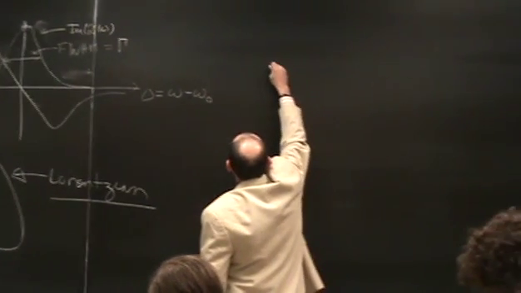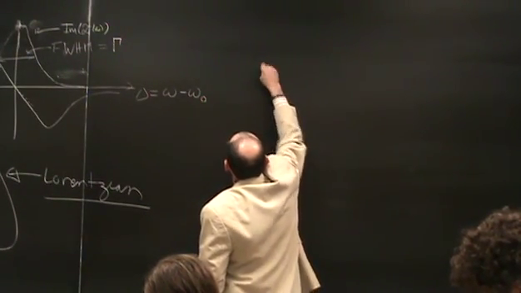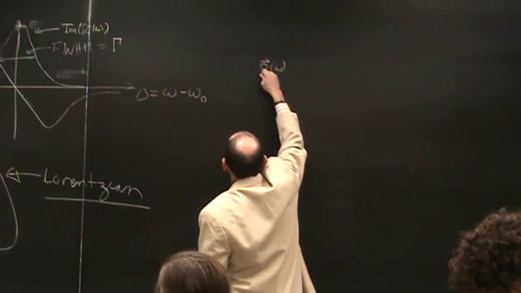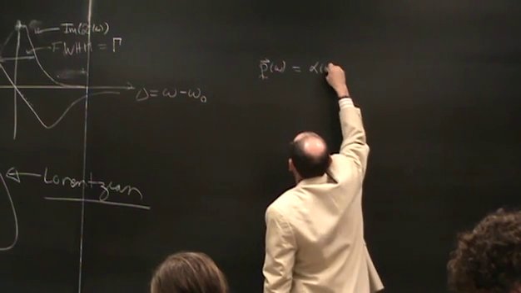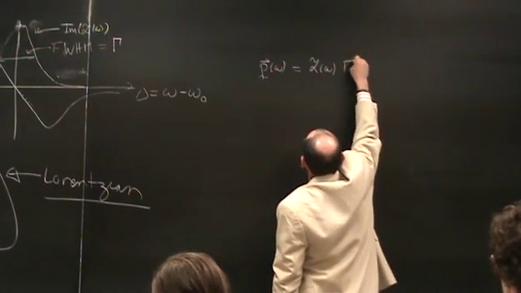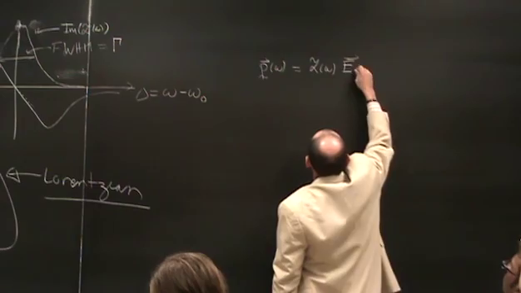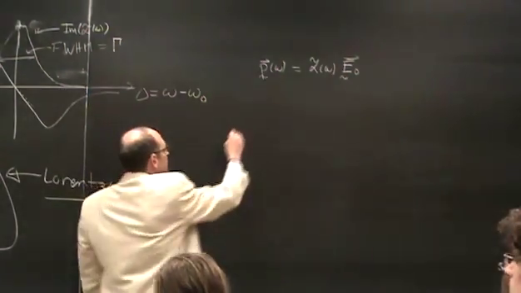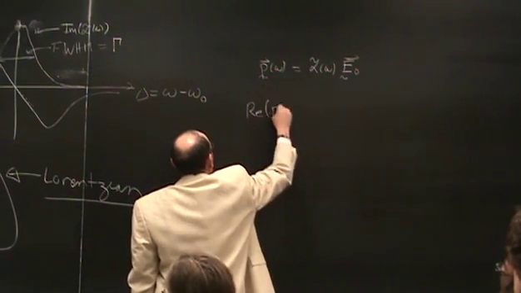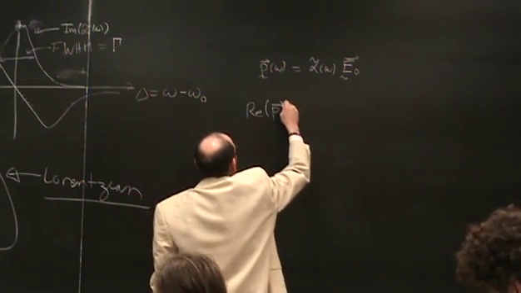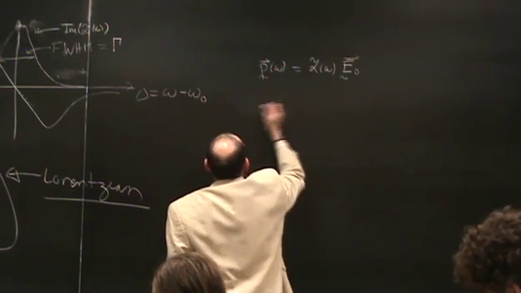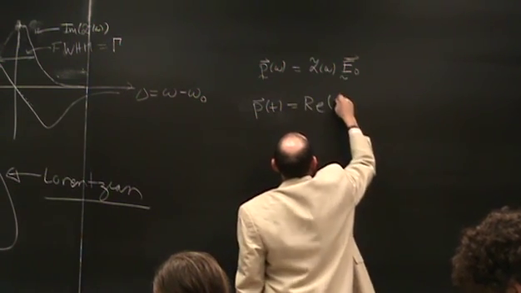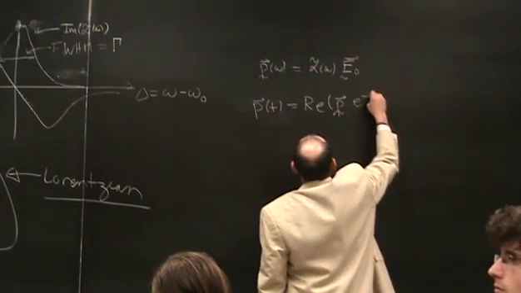We said that the induced dipole moment as a function of omega was equal to alpha complex E0, right? So that means that the real dipole moment as a function of time is the real part of this complex amplitude e to the minus i omega t.